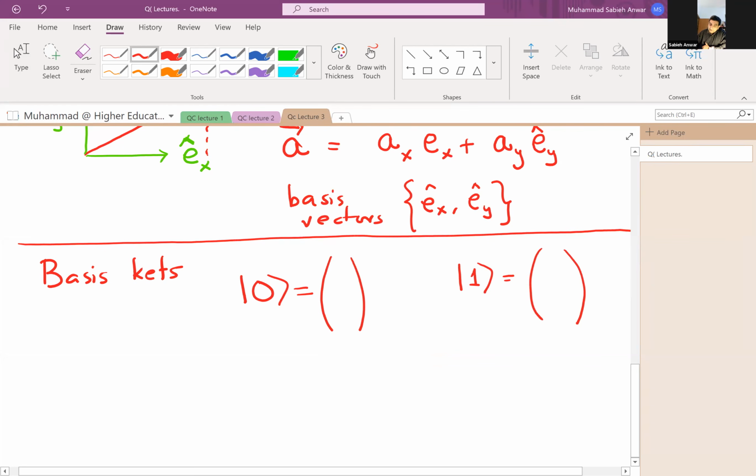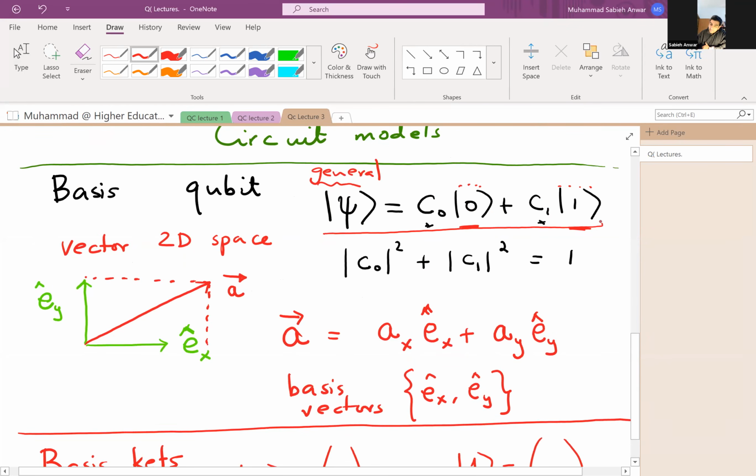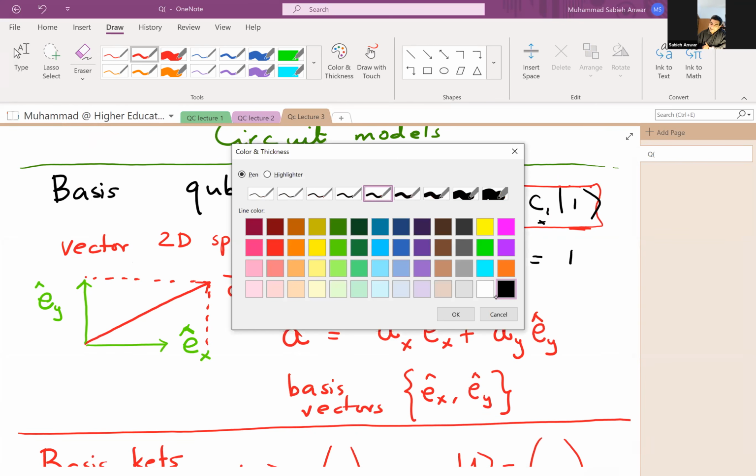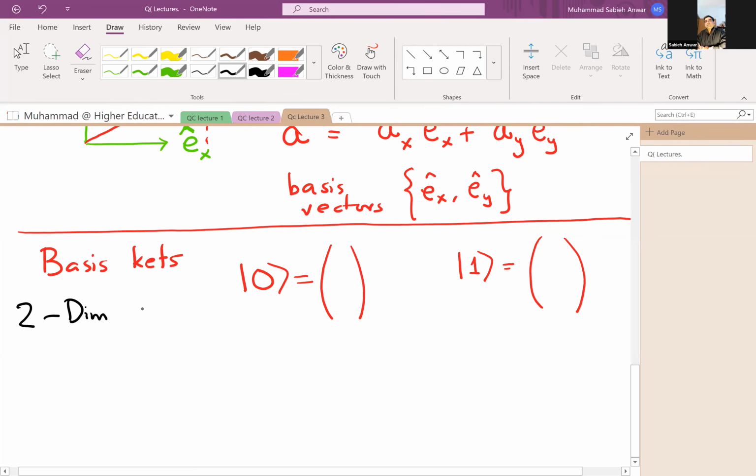Now the quantum state psi requires two basis vectors, ket 0 and ket 1. Therefore, here we're talking about a two-dimensional quantum system.